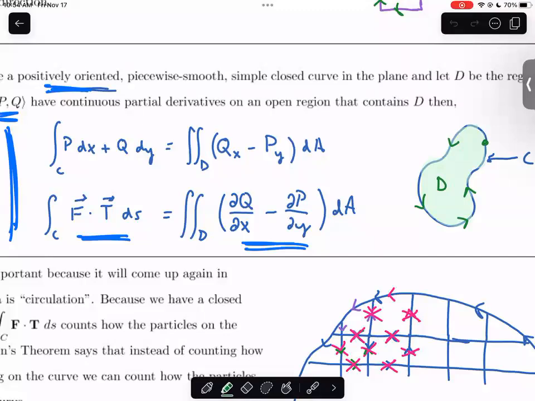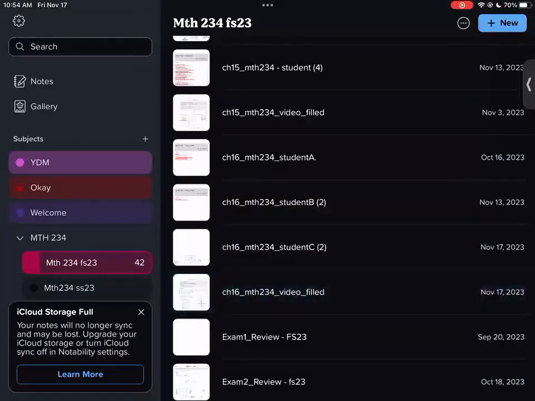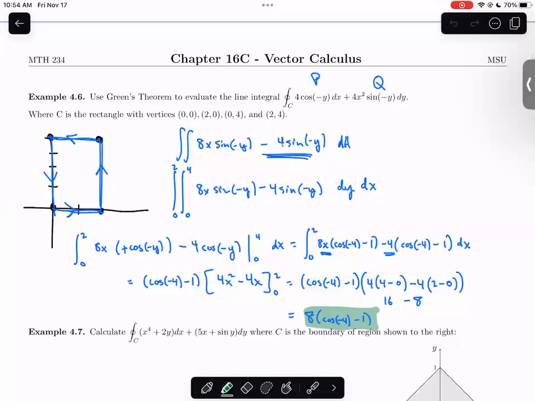I understand that these subscripts can be easy to mix up, and which one you're taking an x derivative of or a y derivative of. But yeah, it should be Q sub x minus P sub y. So a partial derivative of Q with respect to x and a partial derivative with respect to y for our P.